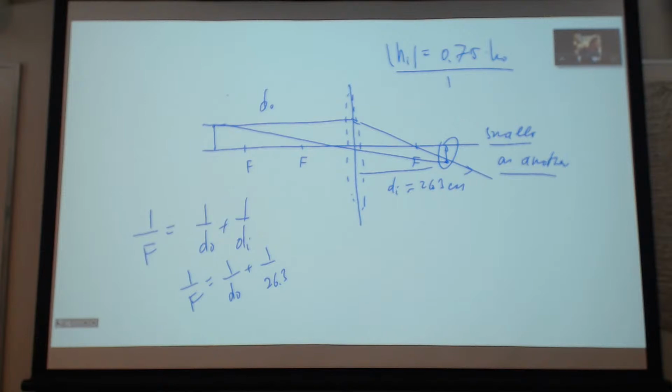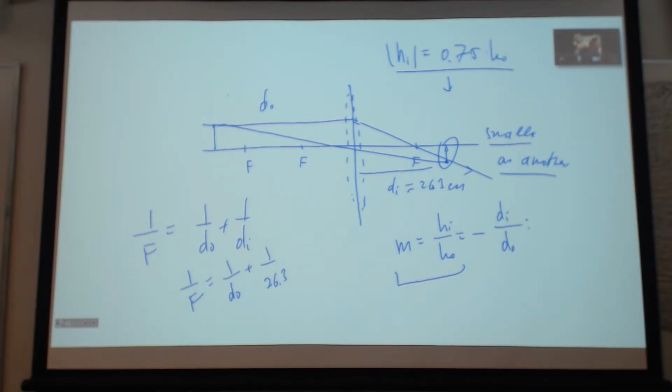So we have to use this equation in a certain way. For the magnification, all equations are the same for lenses and mirrors. It's an optical device. This is the definition of the magnification, and this is how it's related to distances.